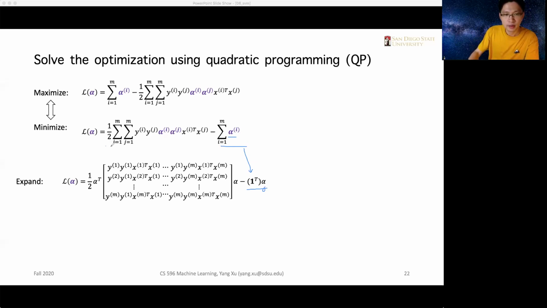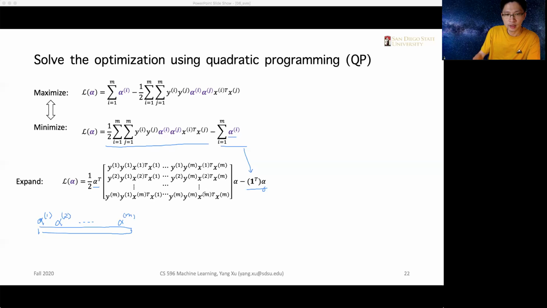And this two-layer summation can also be expressed by this matrix multiplication. In this case, the alpha transpose is a pretty long row vector, and the first component is alpha 1 and alpha 2 until alpha m.